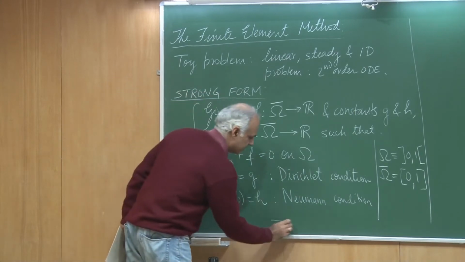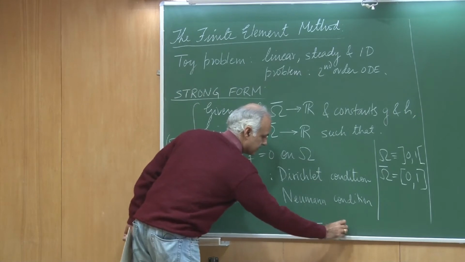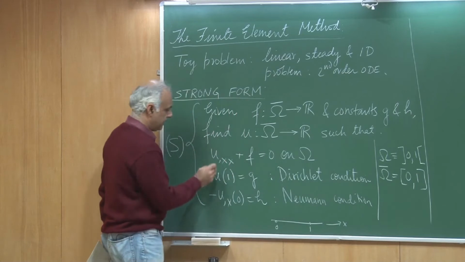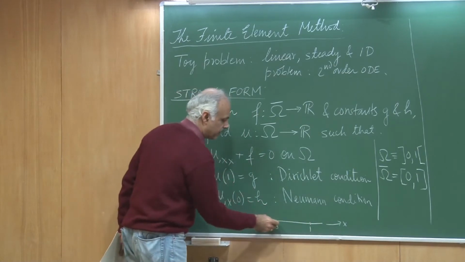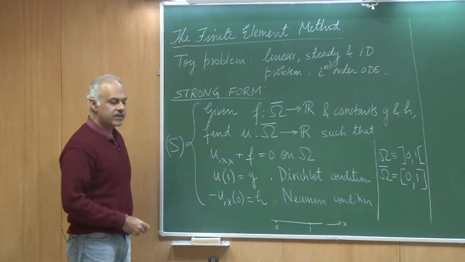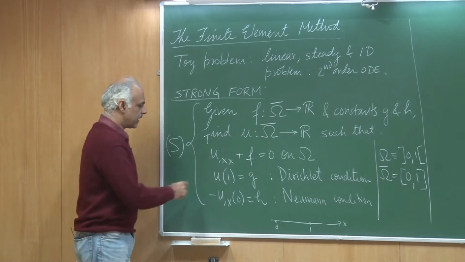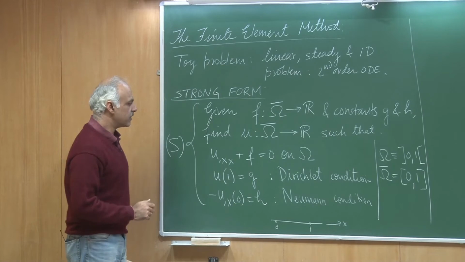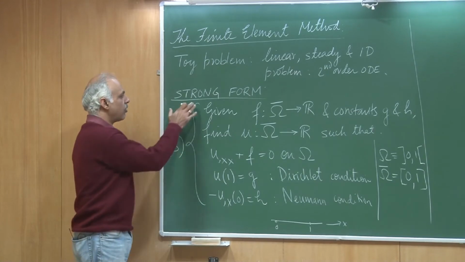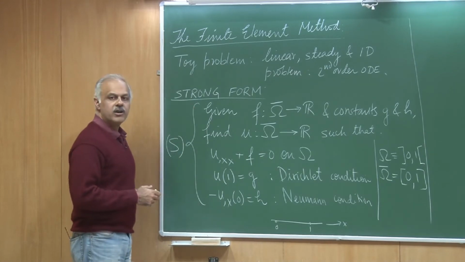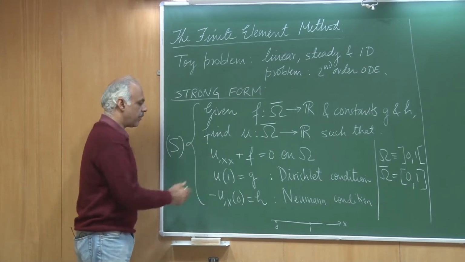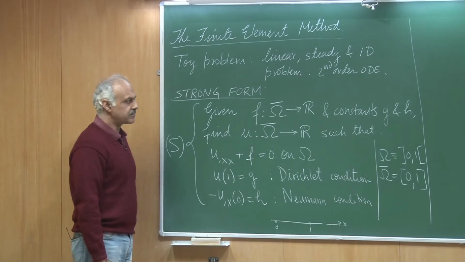So, if this is my x, 0 and 1, then this equation has to be applied on the interior, and at the two boundaries I have these two conditions given here. The key thing to keep in mind is that this is called the strong form, because we are satisfying the differential equation and the boundary conditions explicitly.